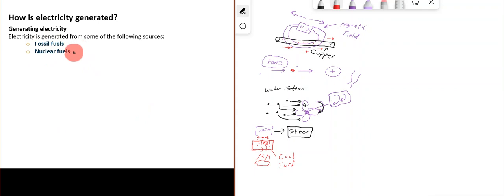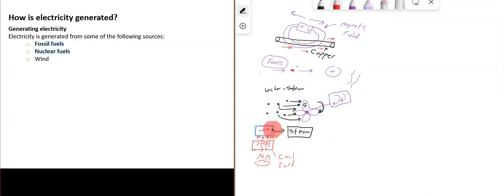We have nuclear fuels. Basically, nuclear fuels use the process of combining or breaking up the nuclei of certain atoms, and that releases huge amounts of heat energy, and then that heat energy is used to heat up the water to turn the turbine. So that's nuclear fuels. We can use wind. Again, we can have something like this set up.